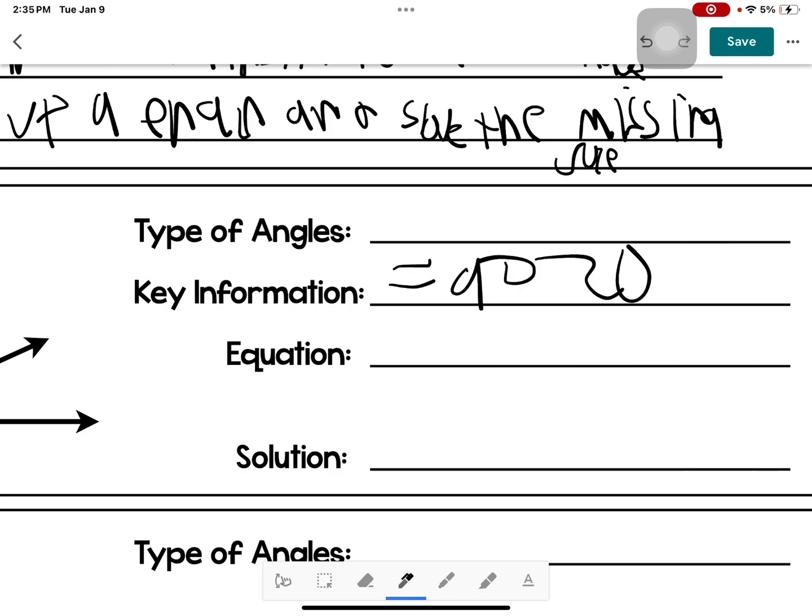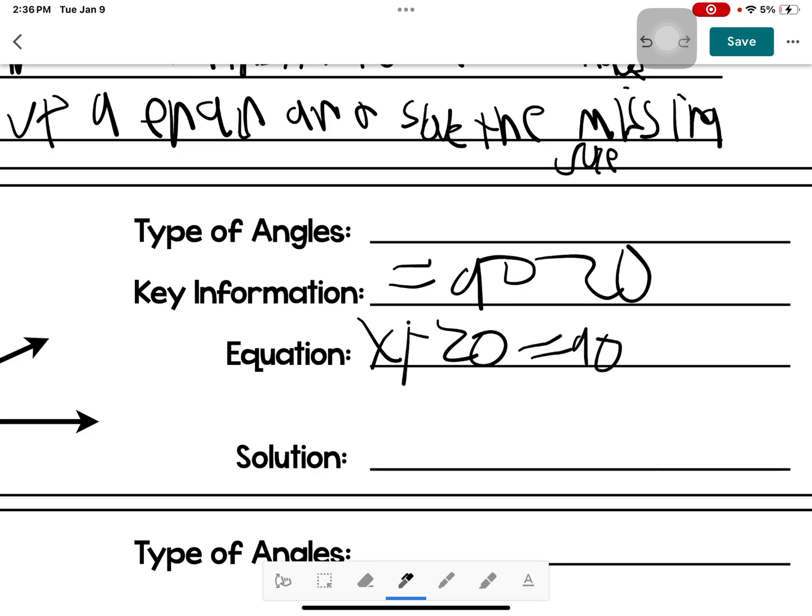The key information. What do we do with x and 20? We put them together. When we put stuff together, what operation is that? Adding. So x plus 20 equals 90.